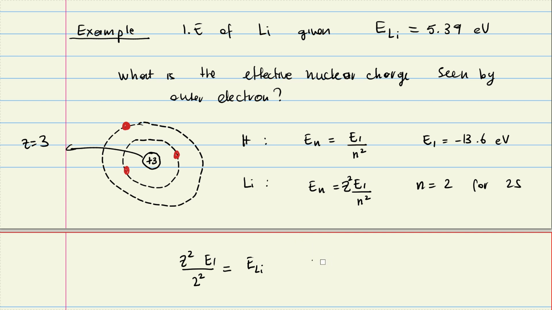Then Z is going to be the square root of 2 squared E lithium divided by E1. Did I get that? Yes. And if you put these numbers, this is 5.39 eV, E1 is 13.6 eV, and this is 2 squared, which is 4. I found 1.26.